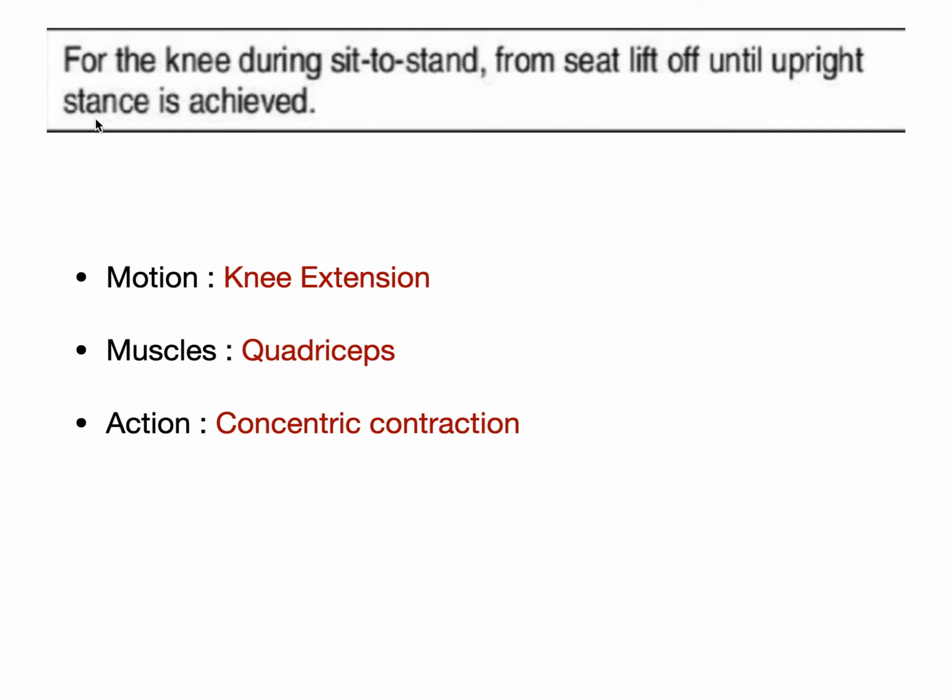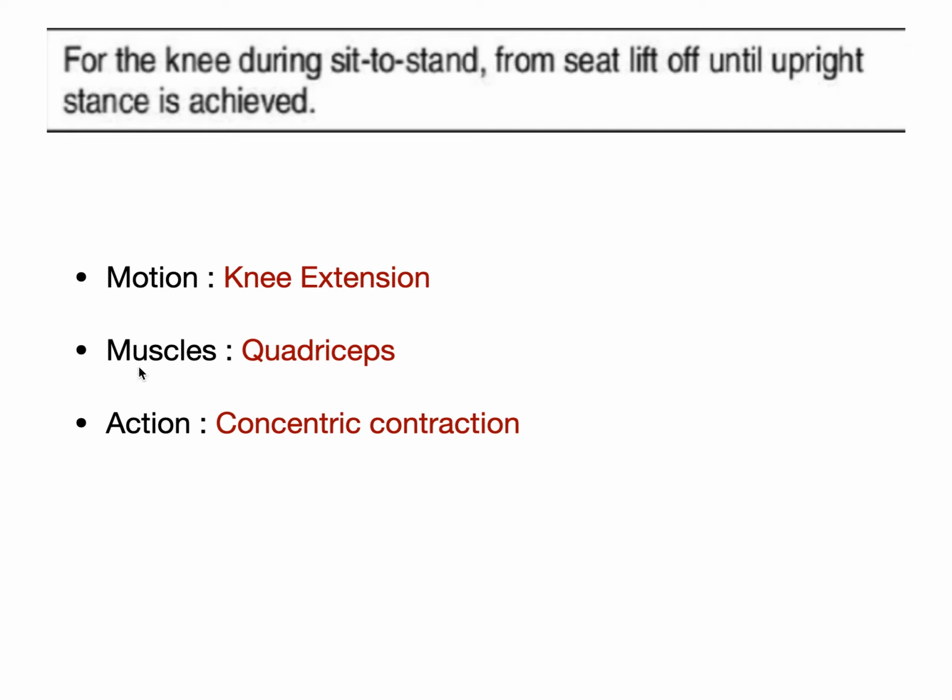For the first scenario, it's for the knee joint specifically. They're in sit to stand, and the interval is from seat lift off until upright stance is achieved. So it's basically just from sitting to standing. It's pretty easy, right? The motion for the knee joint specifically is knee extension, because we're going from sitting to standing. You can imagine the motion, right?